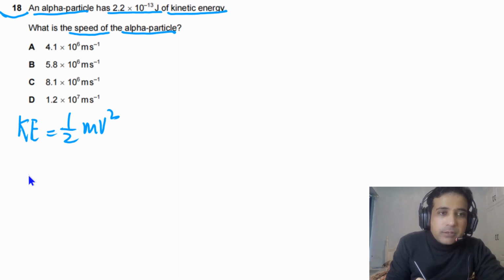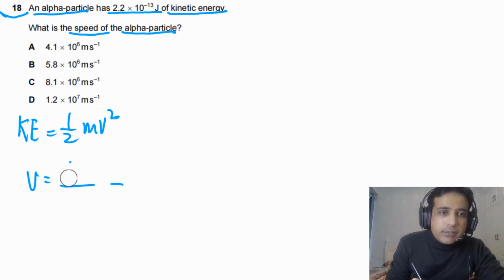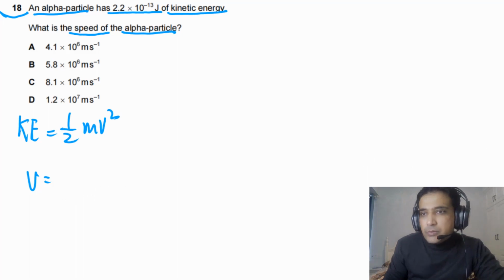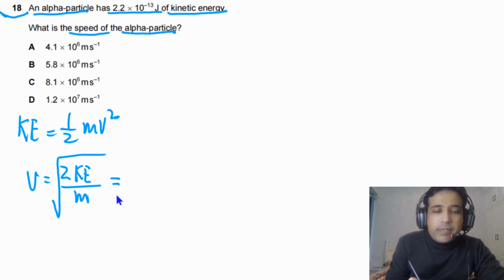So speed will be equal to the square root of 2 times KE divided by m, and if you take the root of this, we can calculate the value of the speed of the alpha particle.